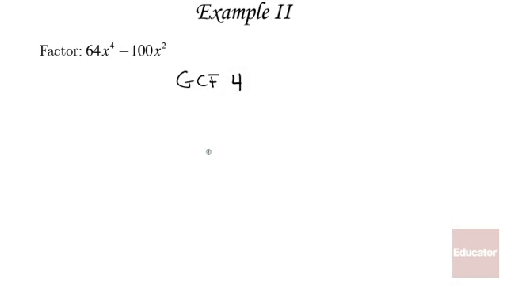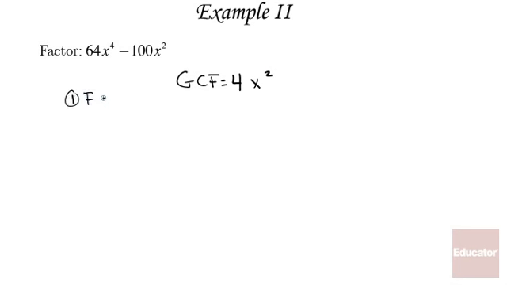If I look at the variables, my x term with the smallest exponent is x squared. So I can pull an x squared out from both of these. So 4x squared is the greatest common factor. So I go ahead and factor that out.